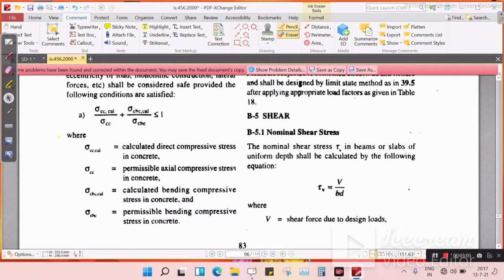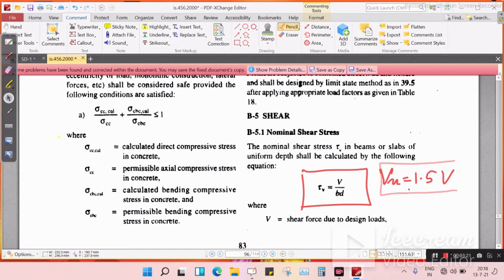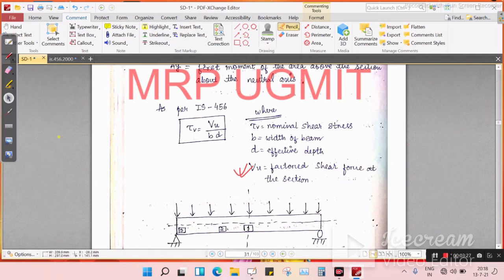You can see here, this is the IS code, page number 83. Nominal shear stress tau V is equal to V by bd. If you multiply by 1.5, this is the factored shear force. Okay. For design, we will use Vu by bd. Next.